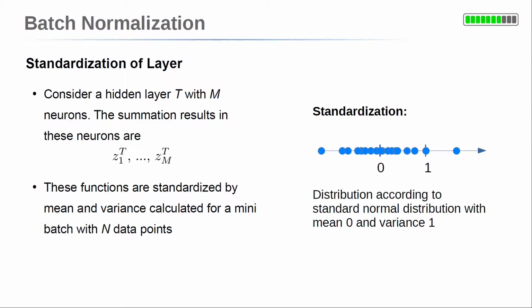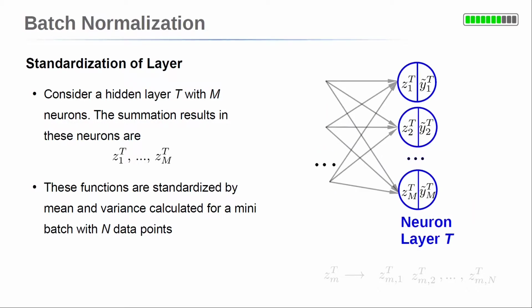Typically, for normalizing the layers, standardization is used. This means the values of a neuron summation are scaled so that they are distributed according to a standard normal distribution. Let's consider a hidden layer number capital T with capital M neurons. This layer has capital M summation results from linear combinations of the outputs of a previous layer with weight parameters.